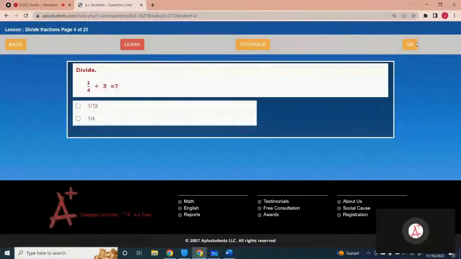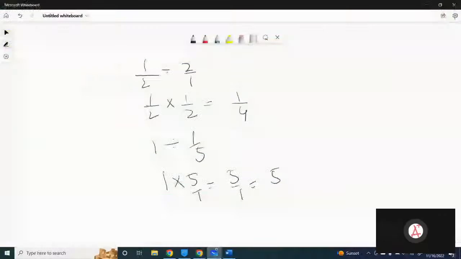Okay, the next one is 1 by 4 divided by 3. So 1 by 4 divided by 3 is, 1 by 3 or 3? 3.